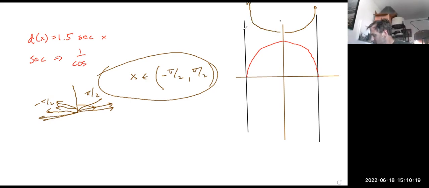Okay. So as we approach pi halves, which means as the person turns closer and closer to looking straight down the shore, this distance gets farther and farther away, right? So as the boat goes farther and farther down and gets away from him, this angle goes more and more towards pi halves.